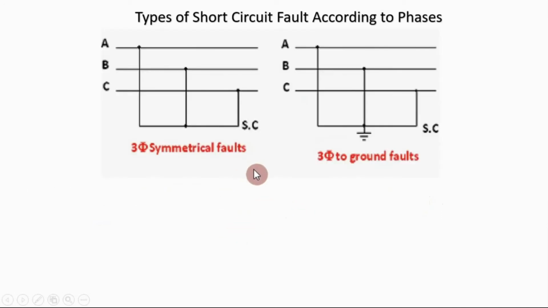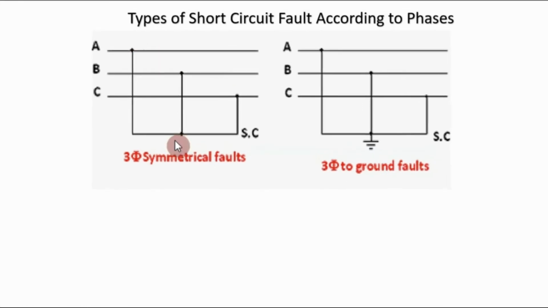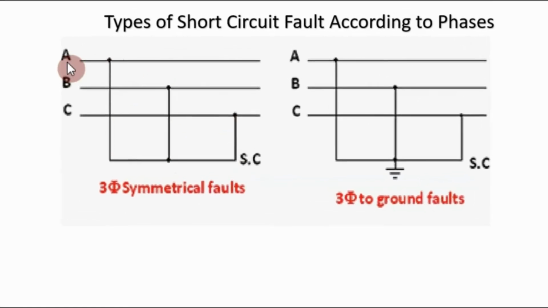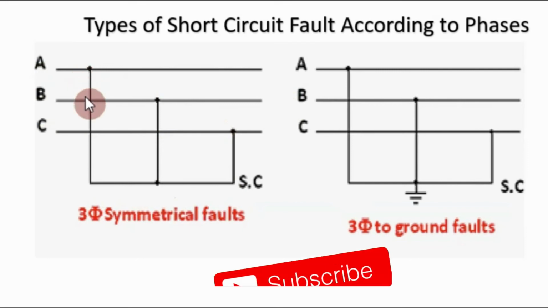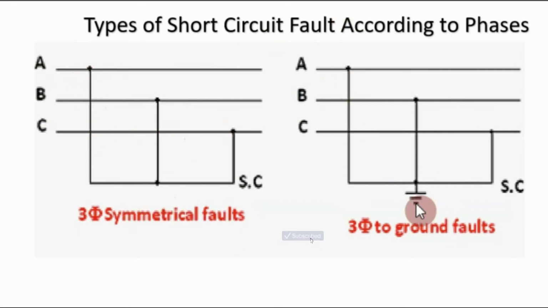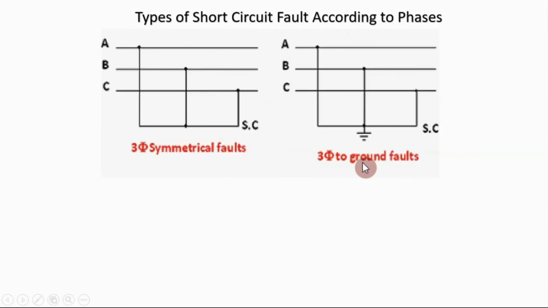And the other one is what we call the three-phase symmetrical fault, when all of the lines connect with each other. Lines A, B, and C. So phase A, phase B, and phase C are connected or shorted. The currents here will be flowing, and if it is connected and then also to the ground, we call this a three-phase to ground fault. This is also line to line faults, or line to ground faults.